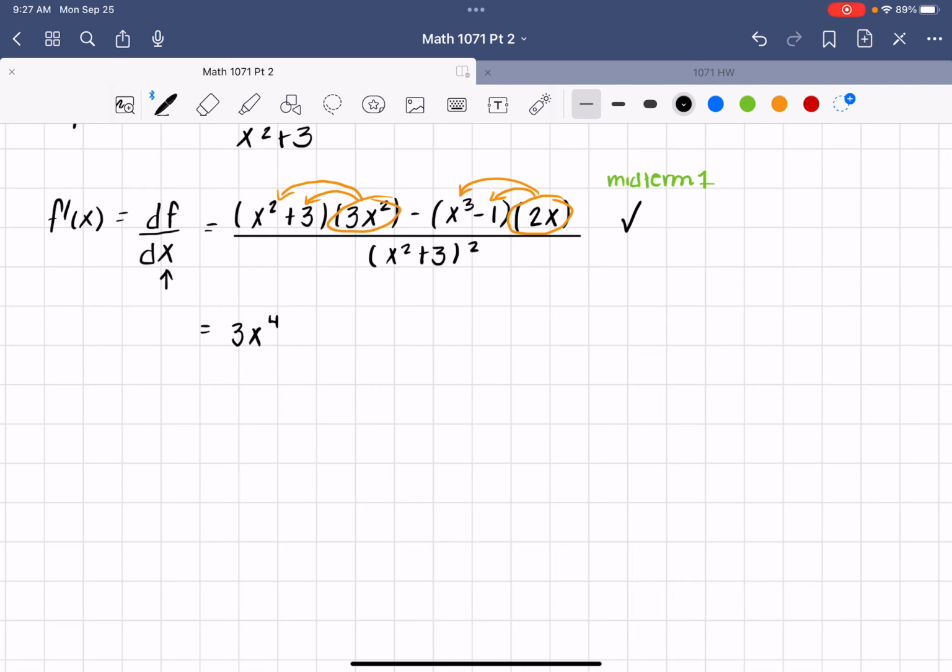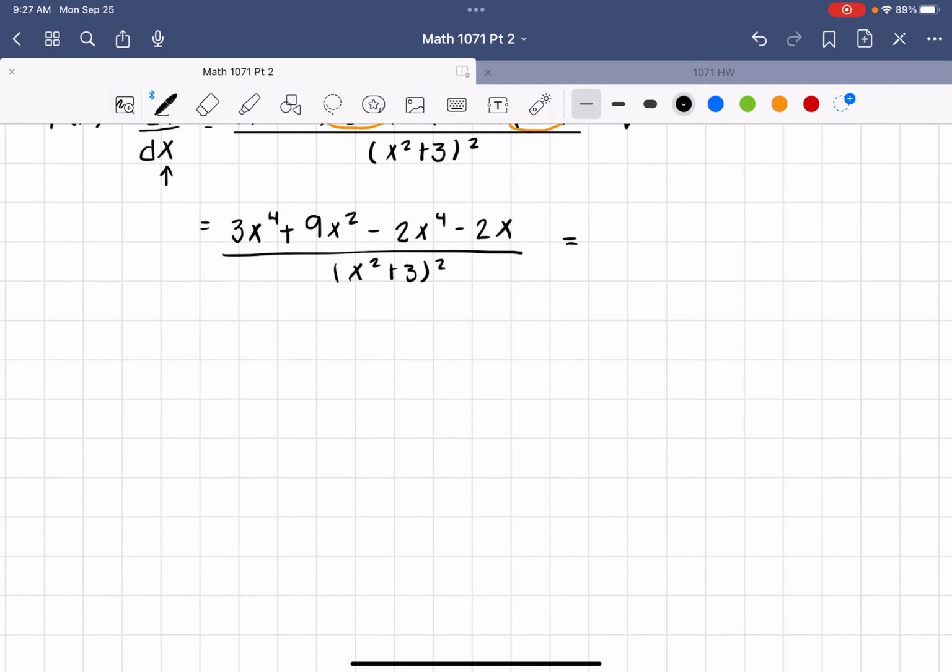You probably would have done this in a single step, but I did it in 2 steps because I want to emphasize that the negative goes with both terms. So this is 3x to the 4th plus 9x squared minus 2x to the 4th minus a negative 2x, over x squared plus 3, squared.